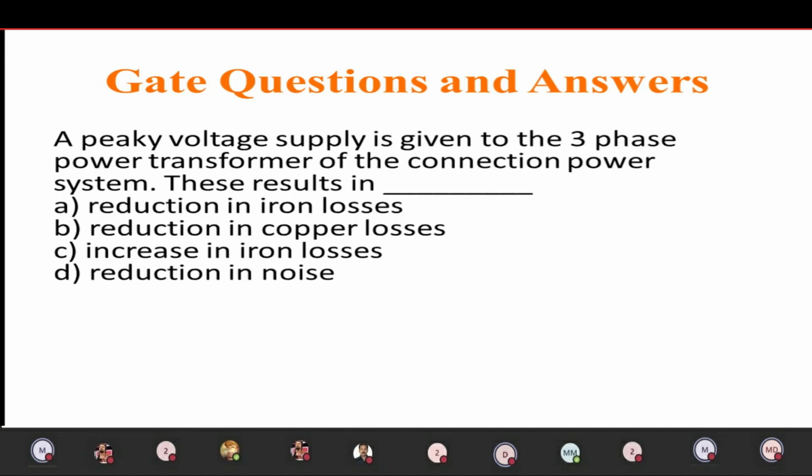Next: a peak voltage supply is given to the three-phase power transformer of the connected power system.